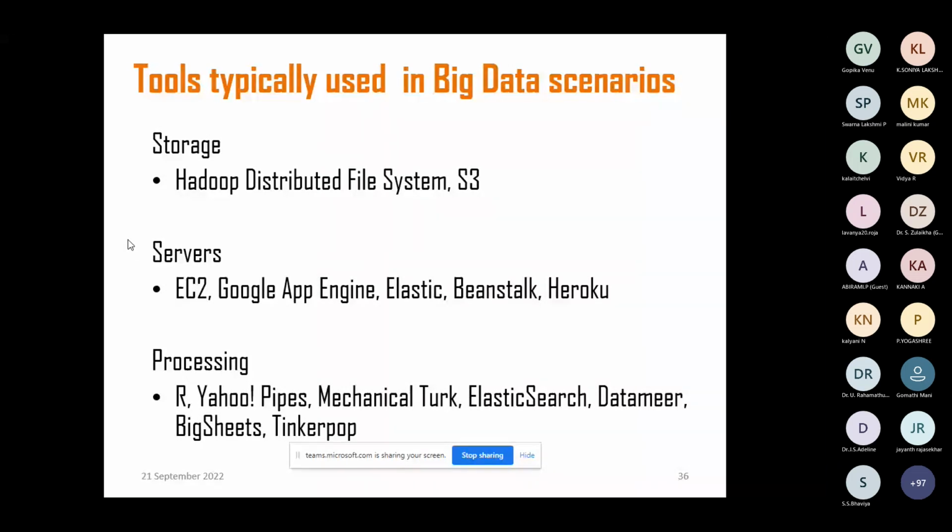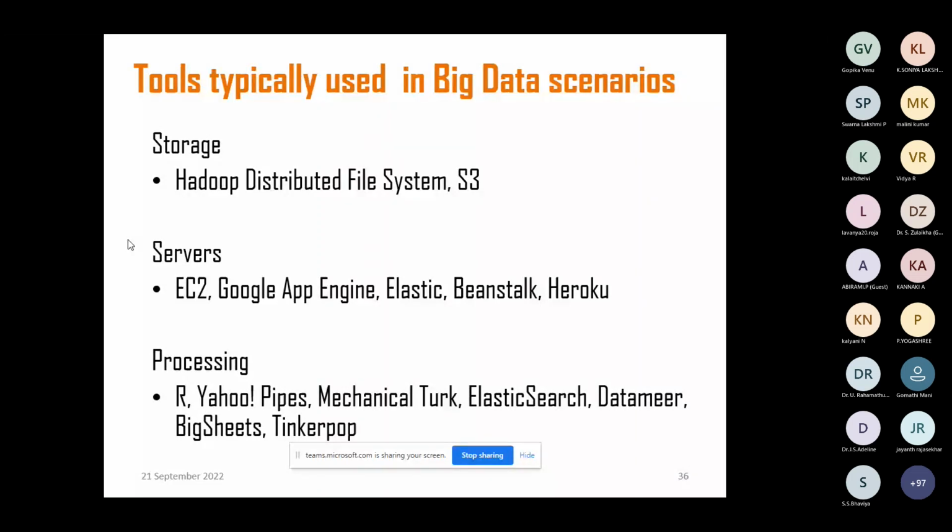And for processing, you can use R. R is most widely used for data analysis, and it is possible to incorporate R with Hadoop, RHadoop, or even a few more tools supporting this through R programming. And coming to Yahoo Pipes and Mechanical Turk, these are another set of tools.